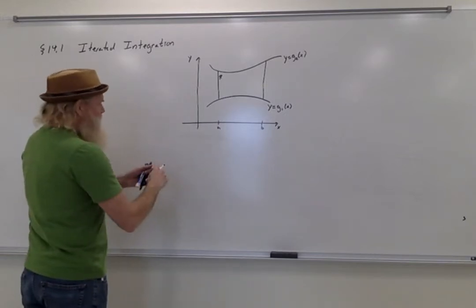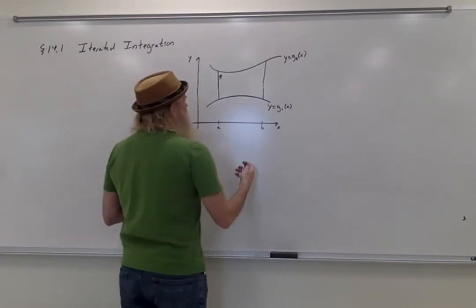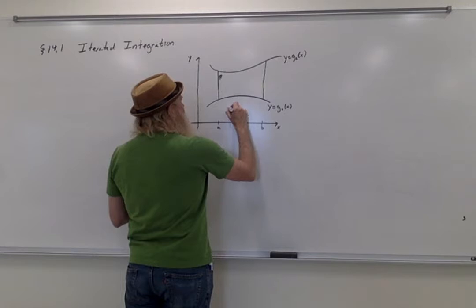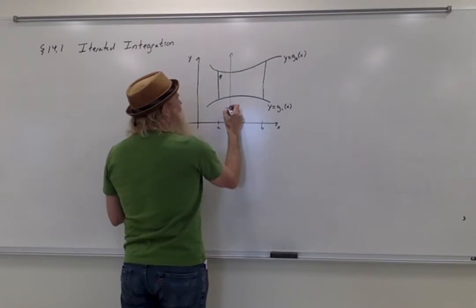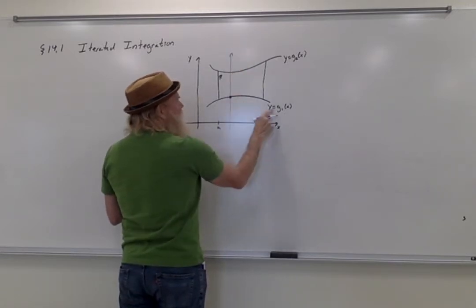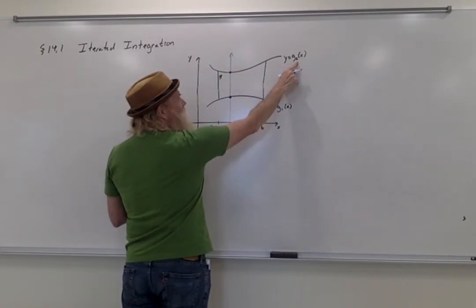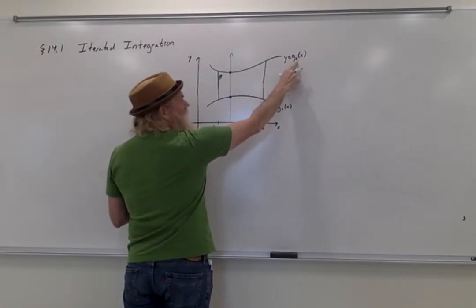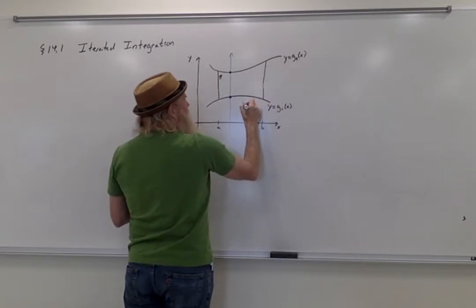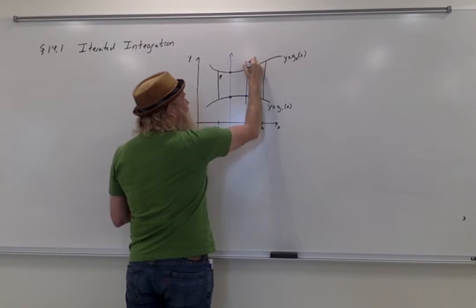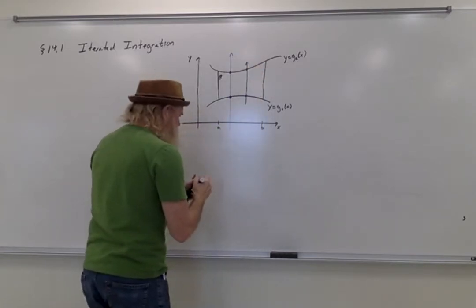We call a region like this vertically simple because if we draw any vertical line through this region, it always enters on this bottom curve g1, and it always exits on the curve g2. So entering on g1, exiting on g2.